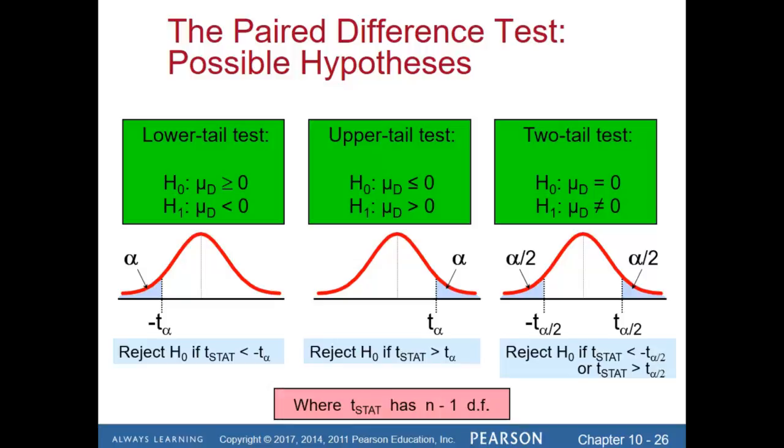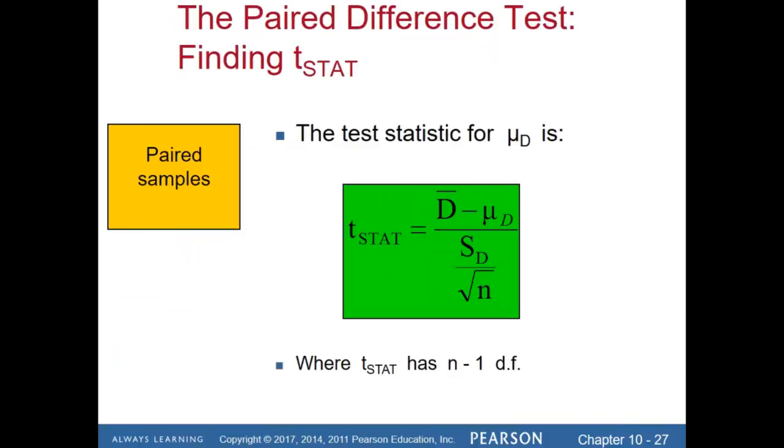All right, so our t-statistic is going to have n minus 1 degrees of freedom, where n is the number of pairs that we are considering. All right. So to compute our t-statistic, this is the test statistic that we will compare to our critical value of t.